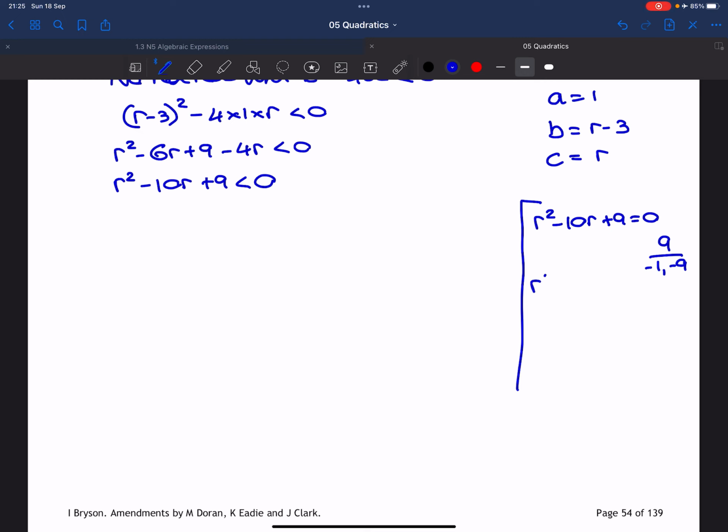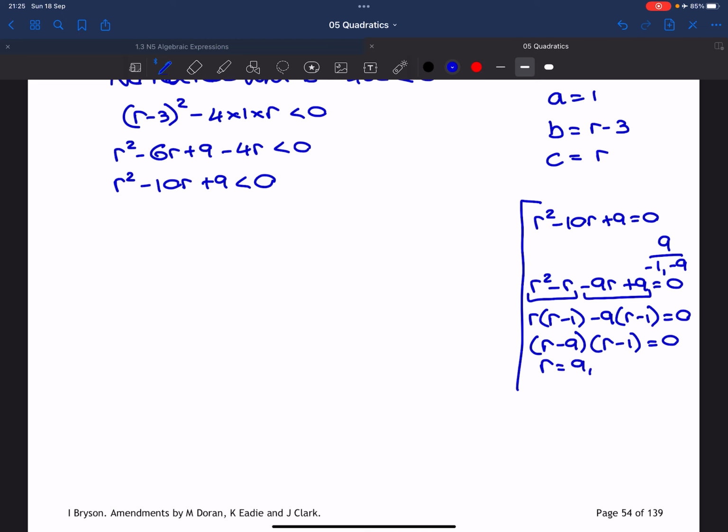So that'll be r squared minus r minus 9r plus 9 is equal to 0. Common factorise. So that'll be r(r minus 1) minus 9(r minus 1) is equal to 0. So that'll be (r minus 9)(r minus 1) is equal to 0. So r is equal to 9 and r is equal to 1.